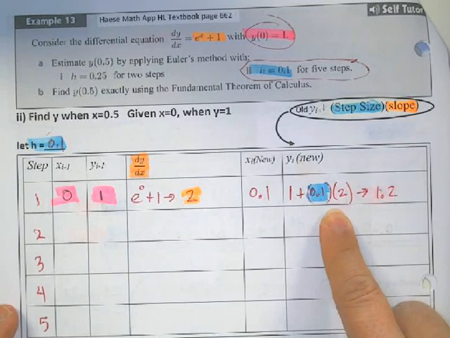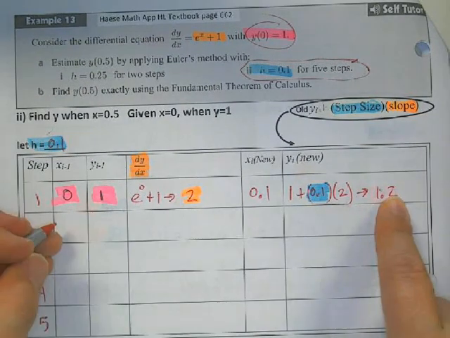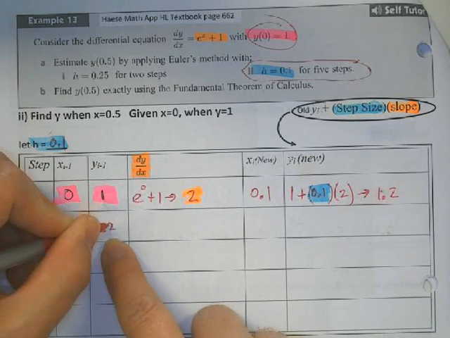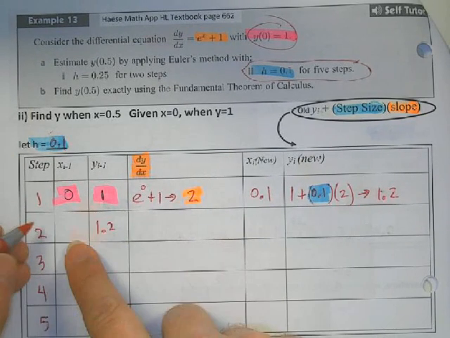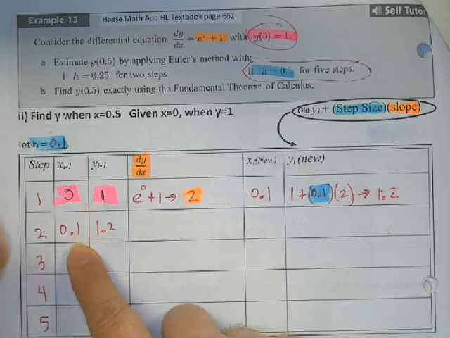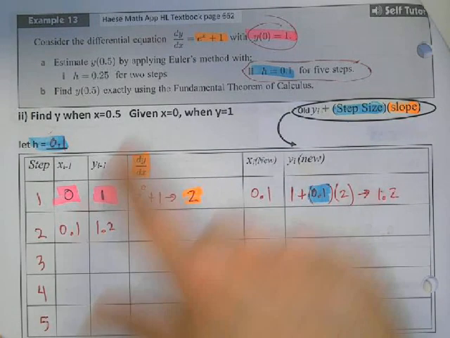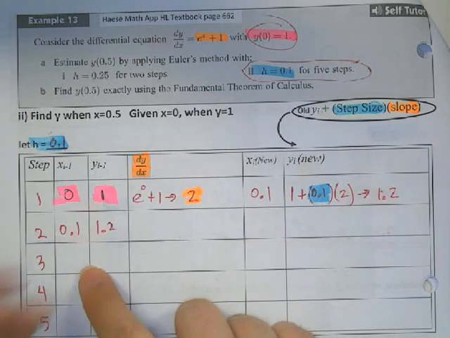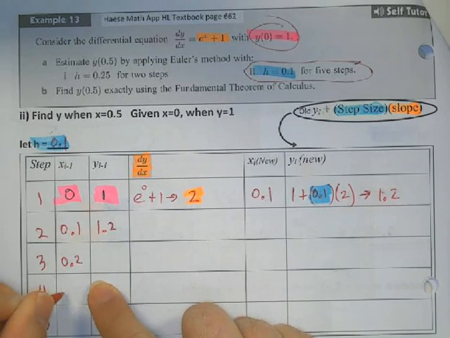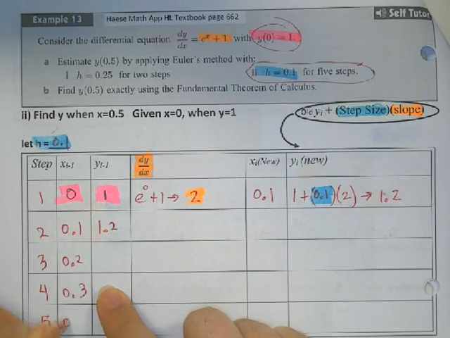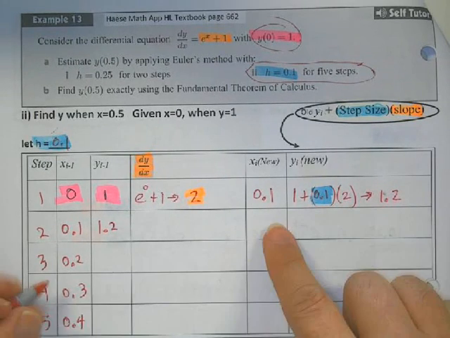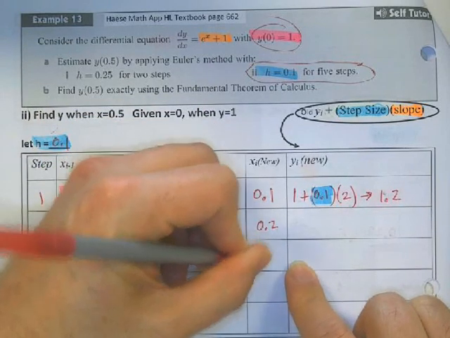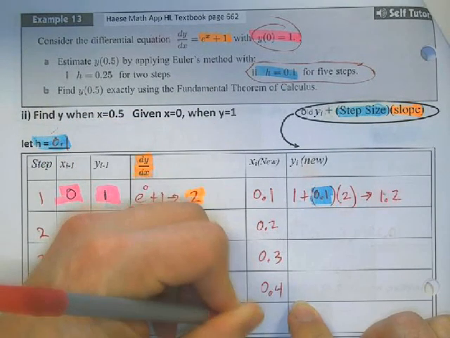Now this is my new value. I'm going to put it right there. This is my new y value. The new x value is 0.1. The x values keep increasing by the step. The next one is going to be 0.2, then 0.3, 0.4, 0.5.